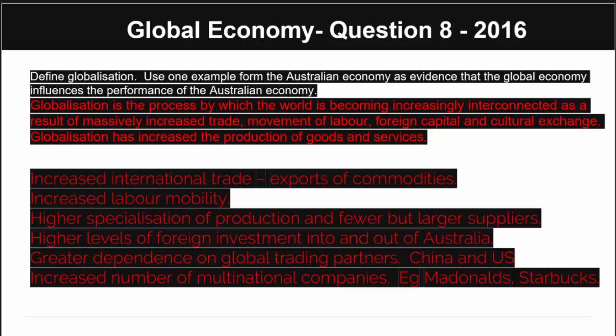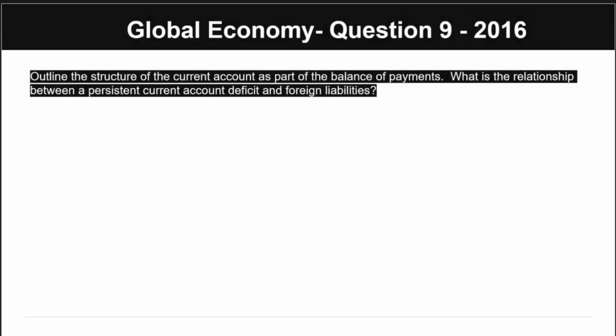And there's an increased number of multinational companies operating in Australia, for example, McDonald's and Starbucks, just to name a few. There's lots of other examples that you could have, but I've pulled these out just to give you an idea of what you could be saying and what examples you could give.